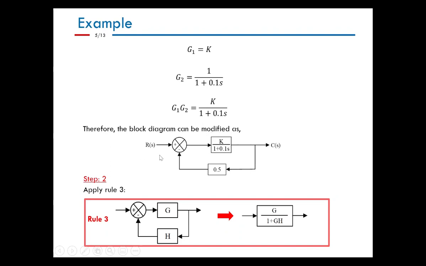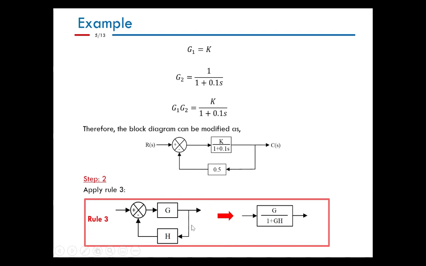Then we also find for this diagram there is a feedback loop, and on the feedback there is just a constant 0.5. Comparing this diagram to the rule 3 diagram, in this case G equals k over 1 plus 0.1s, and H equals 0.5.